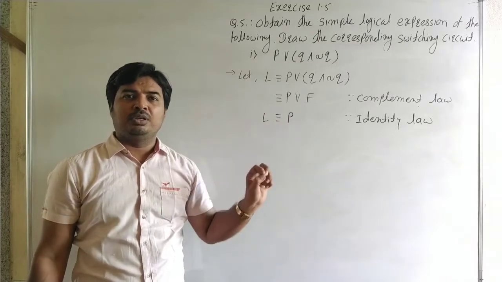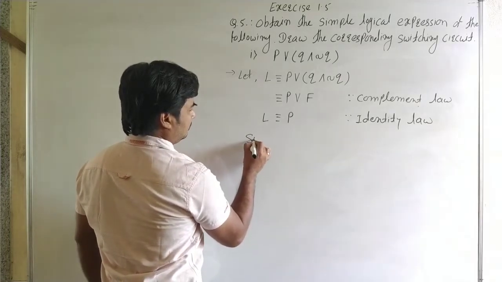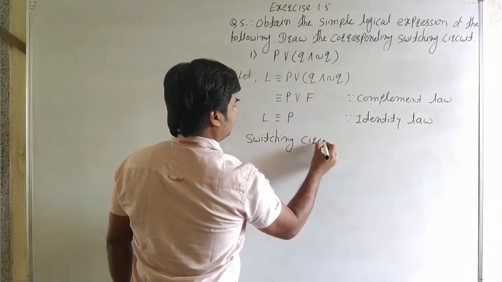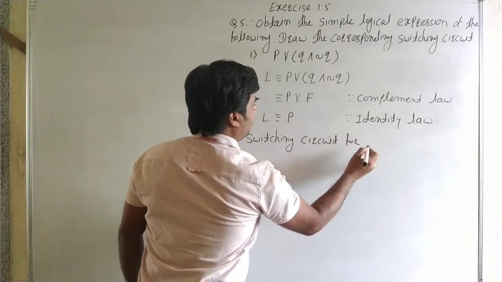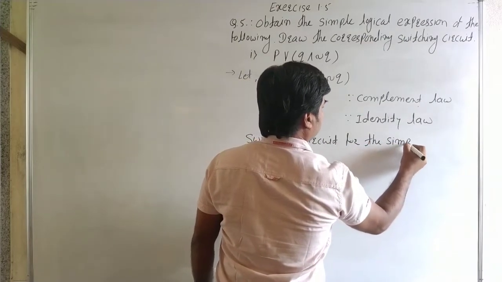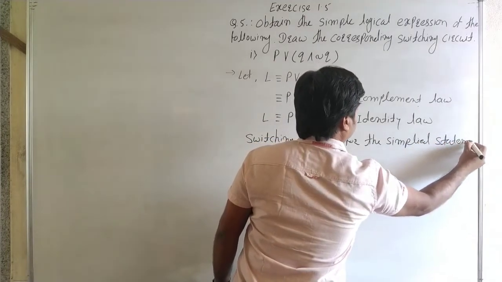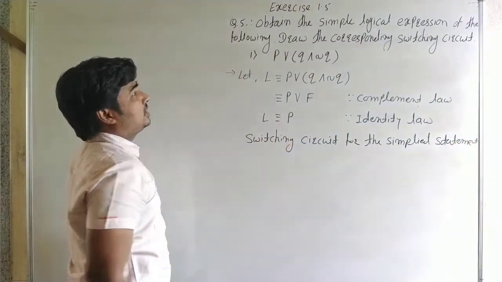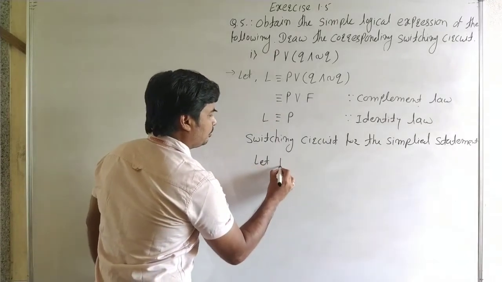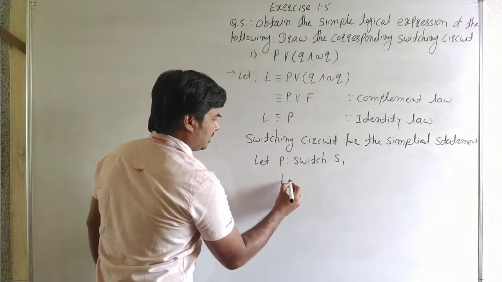Now we want to construct the switching circuit for this statement. Here it is P, and P means a switch S1. The switching circuit for the simplified statement: here it is a simplified logical expression, and therefore let P be switch S1, and L is a lamp.